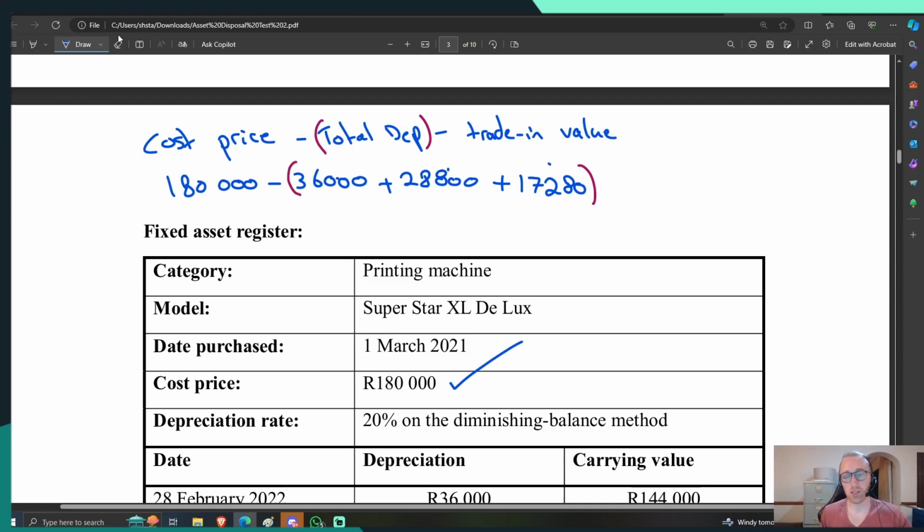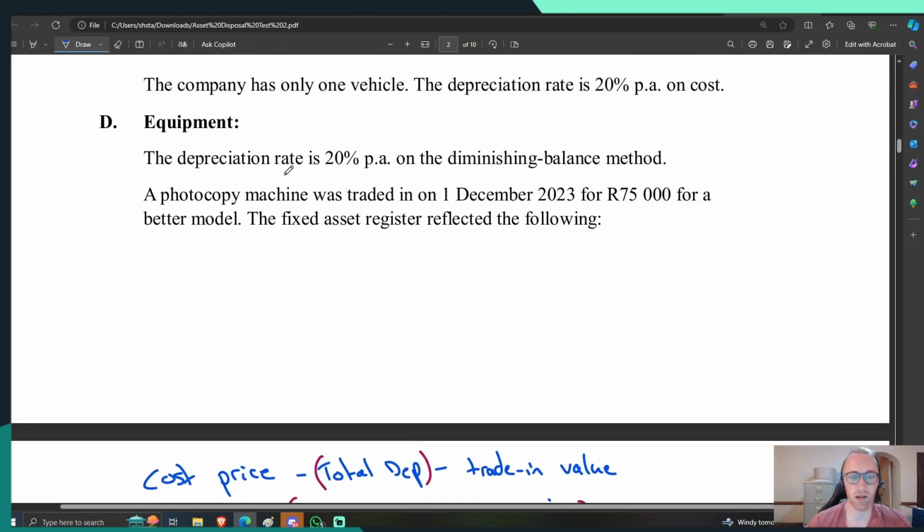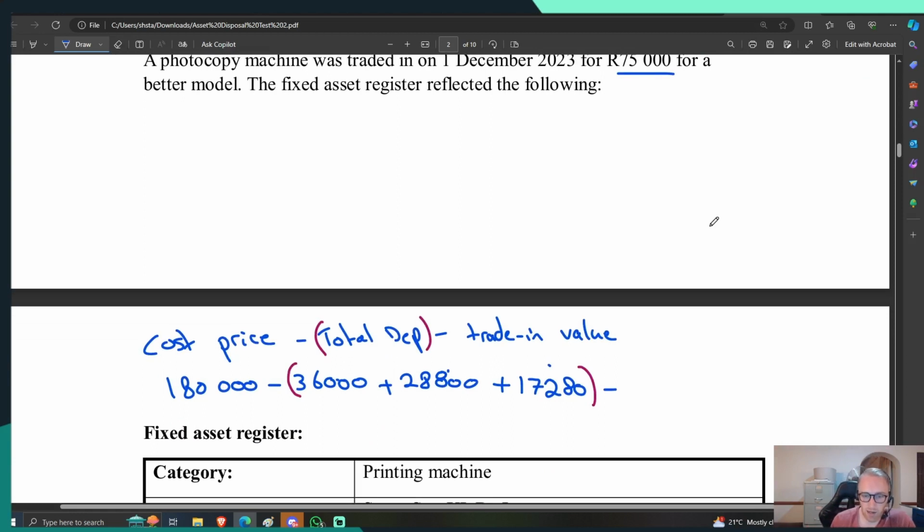Now to know the loss, we have to minus the trade-in value. The trade-in value, they said, was 75,000 Rand. So this whole thing is our book value.